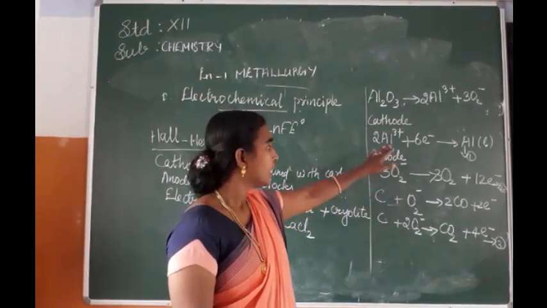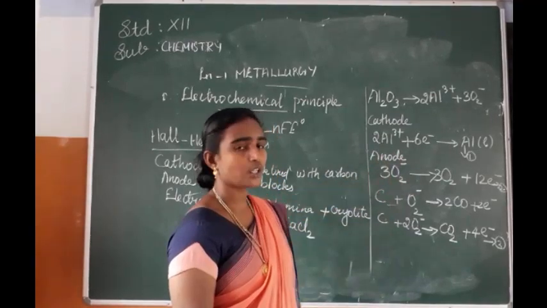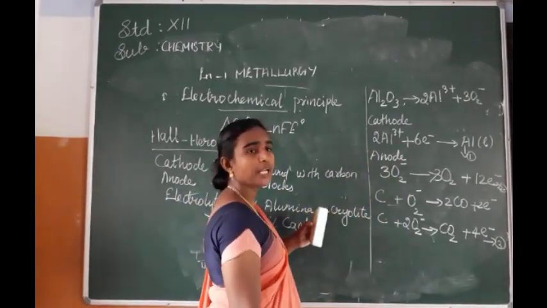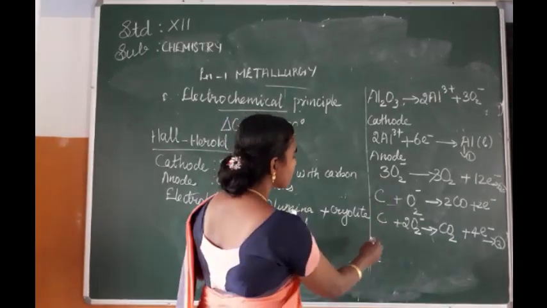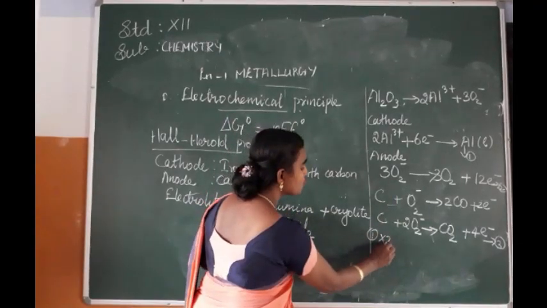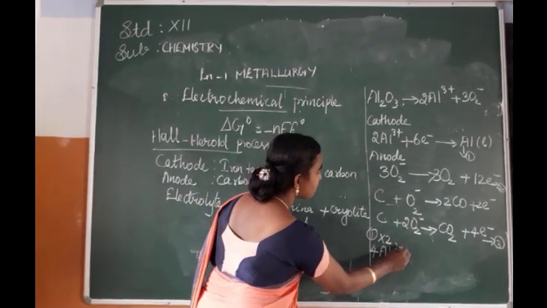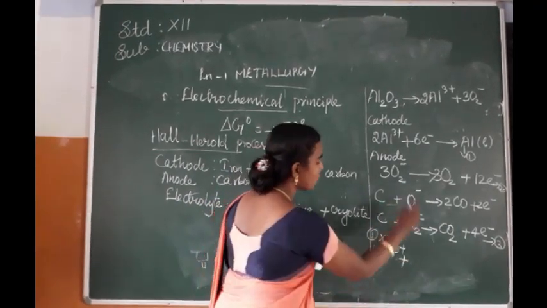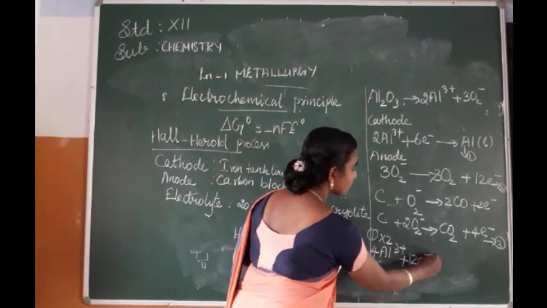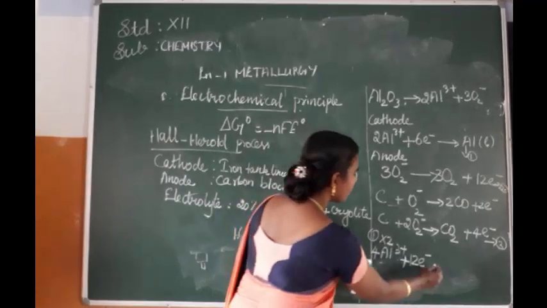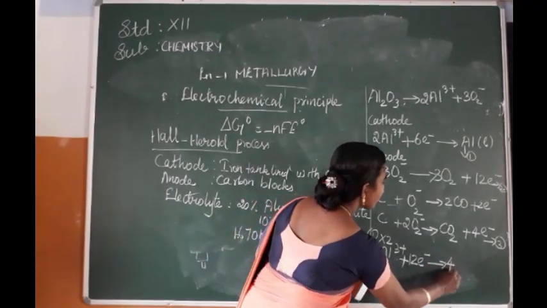To cancel the number of electrons, this equation 1 should be multiplied by 2. So equation 1 into 2 gives 4Al3+ plus 2 into 6, 12 electrons, gives 4Al.